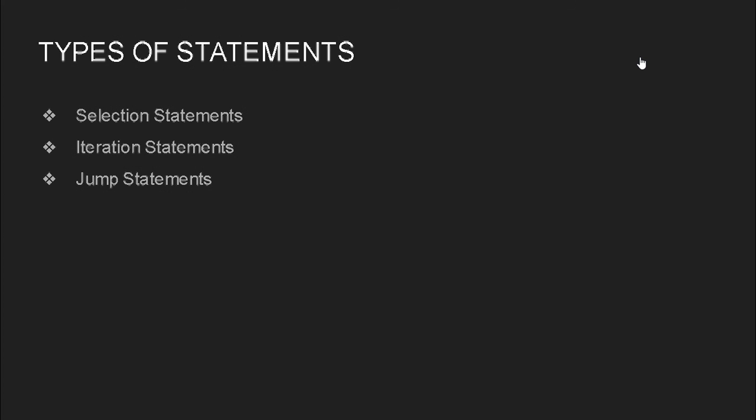First of all we need to understand that there are three kinds of statements. This is all theoretical concepts, so that's why I am explaining with the help of PPT. If it is a practical concept, then I will be explaining with the help of the IDE. So there are three types of statements. One is the selection statement, then we have the iteration statement, and after that we have the jump statement.